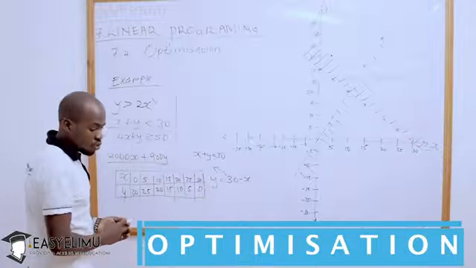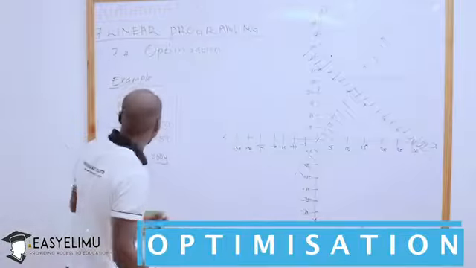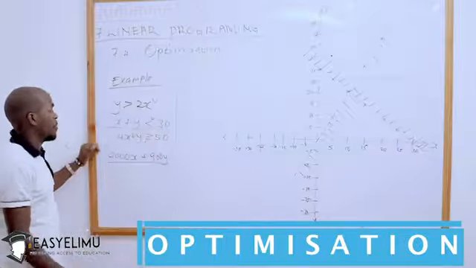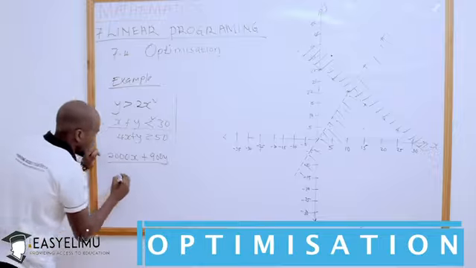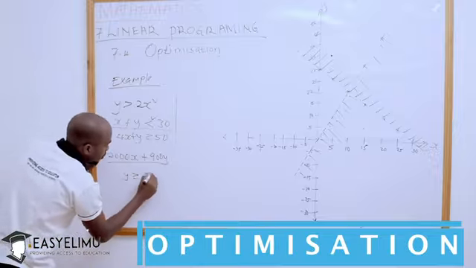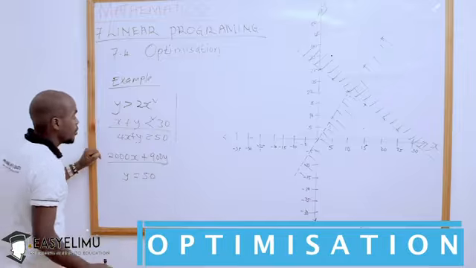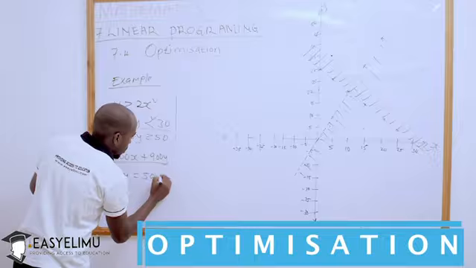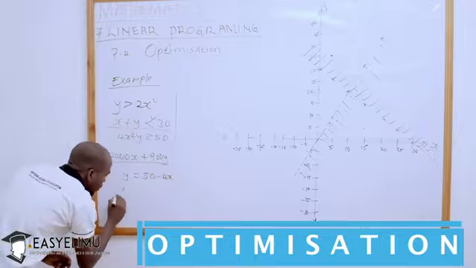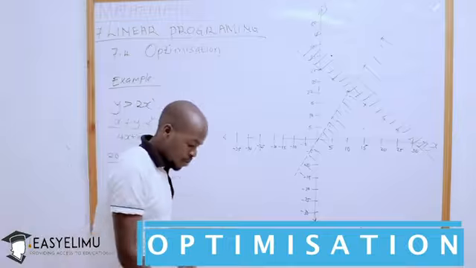So we are now going to draw another inequality. This is 4x plus y greater than or equal to 50. I'm going to draw the line y equals 50 minus 4x, and then we shall plot the points on the Cartesian plane.